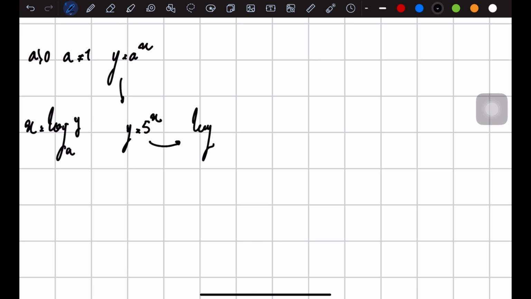This one will be log, and we set the base here, a is the base, so we write 5 down here, and this is the logarithm number y, which is equal to x. And we can say 5 with the power of x is equal to y, and that's how we show it.